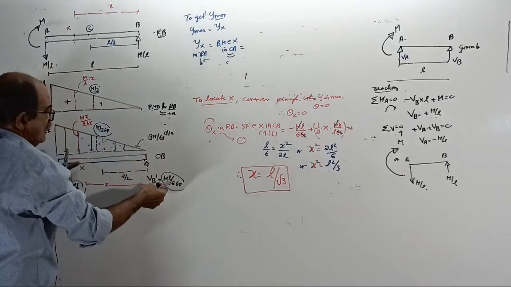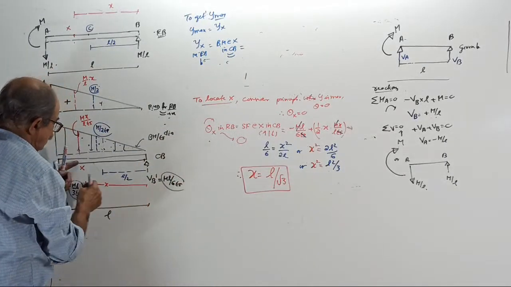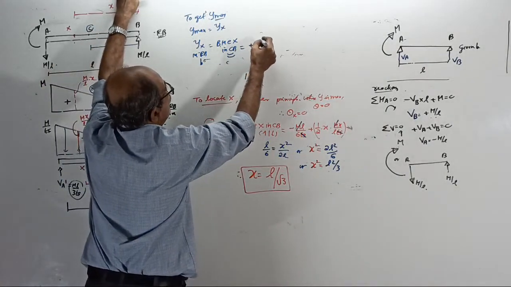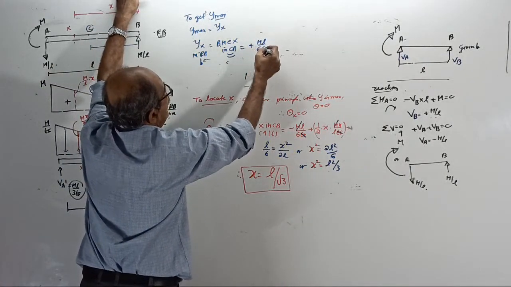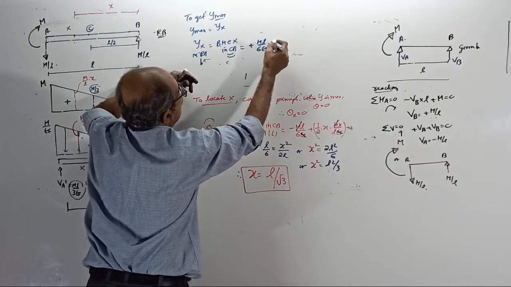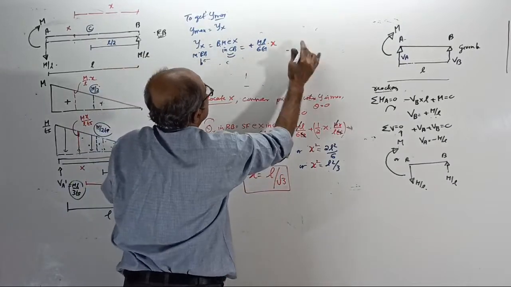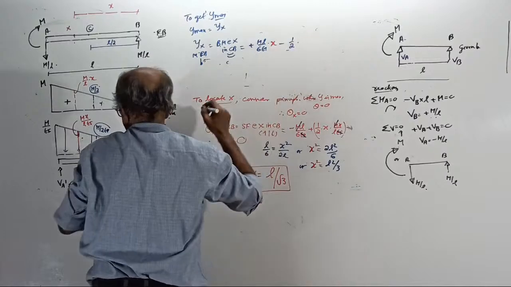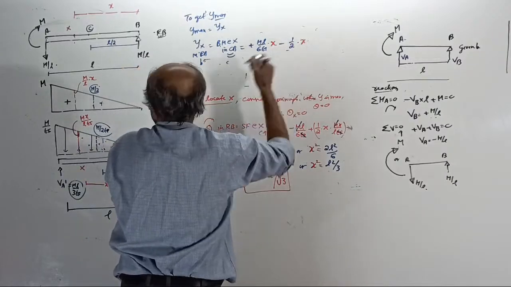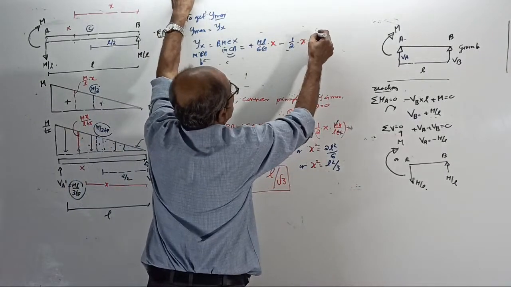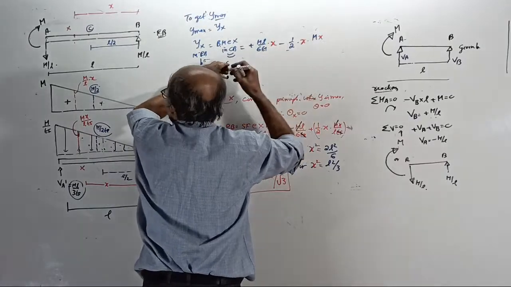Bending moment here is ML by 6EI into x. It is plus ML by 6EI into x minus half into x into Mx.